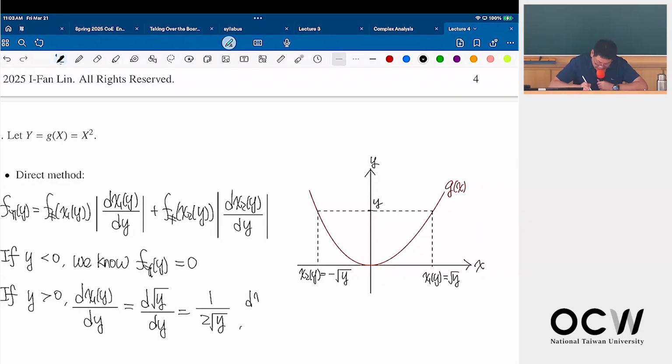Your dx2 of y over dy will be minus 1 over 2 times square root of y.